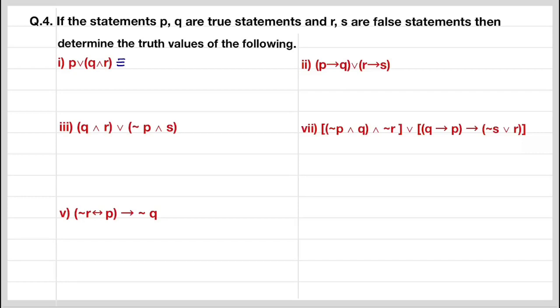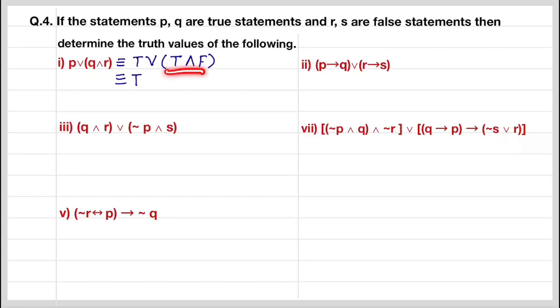We have to substitute the truth value of the corresponding statement and keep the logical connectives as they are. T or T and F. For conjunction, we know T and T is equivalent to T, otherwise it is false.